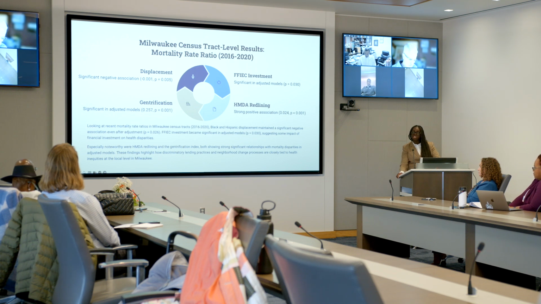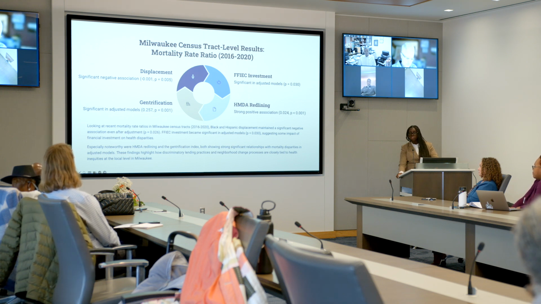And last but not least, gentrification once again. The relationship between gentrification and racial mortality disparities remains significant in adjusted models, suggesting that while gentrification may have led to improved neighborhood infrastructure, its effects on racial mortality disparities were detrimental, and it also might be correlated to displacement.